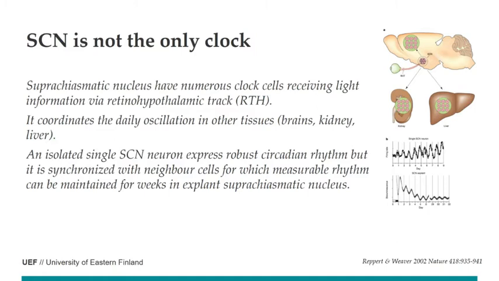And if you isolate a single neuron from the suprachiasmatic nucleus, there is a robust circadian rhythm. But if you isolate a tissue sample where there are a lot of these cells, they synchronize each other, and then you can see a measurable rhythm that can be maintained for weeks if you have removed the suprachiasmatic nucleus from the animal.